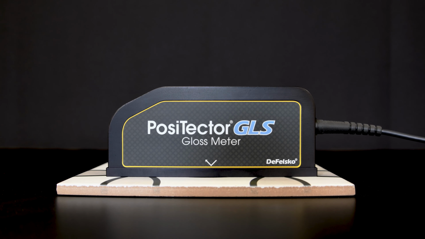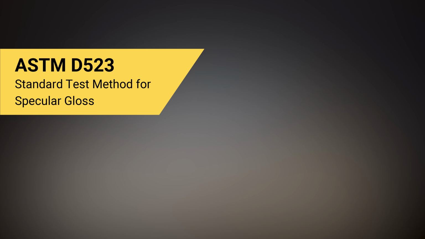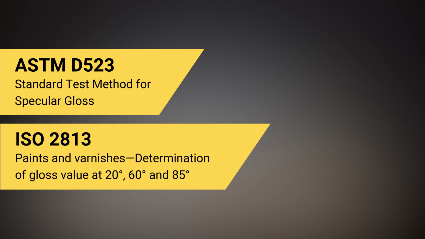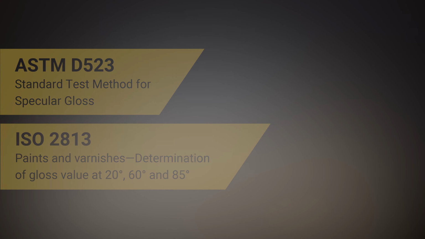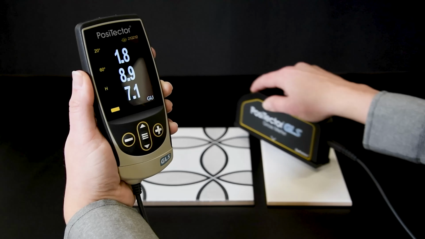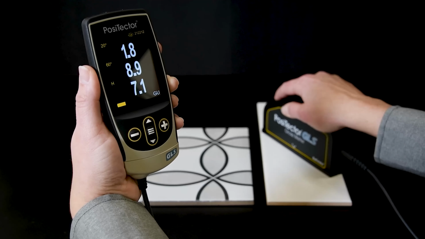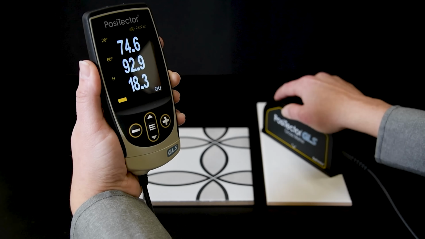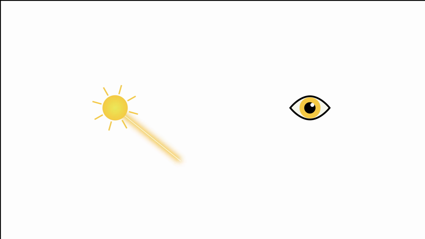Gloss is typically measured and reported in gloss units, or GU, as defined by standards such as ASTM D523 and ISO 2813. Additionally, some gloss meters, like the PosiTector GLS, are capable of measuring reflectance and Haze Index.